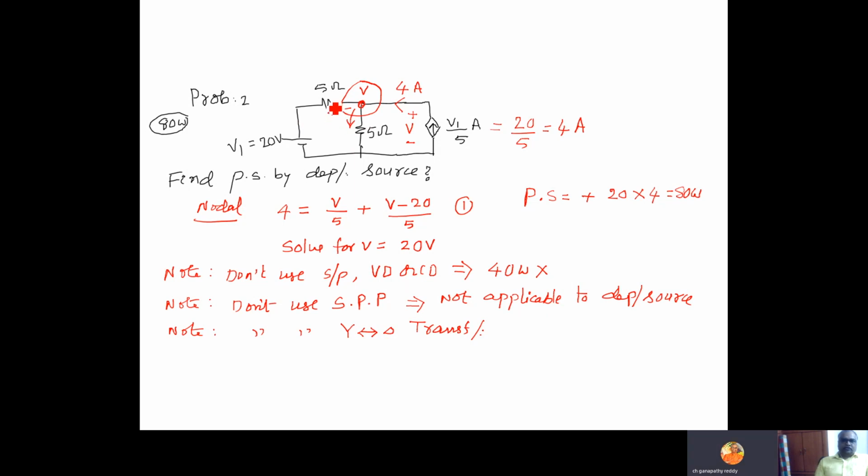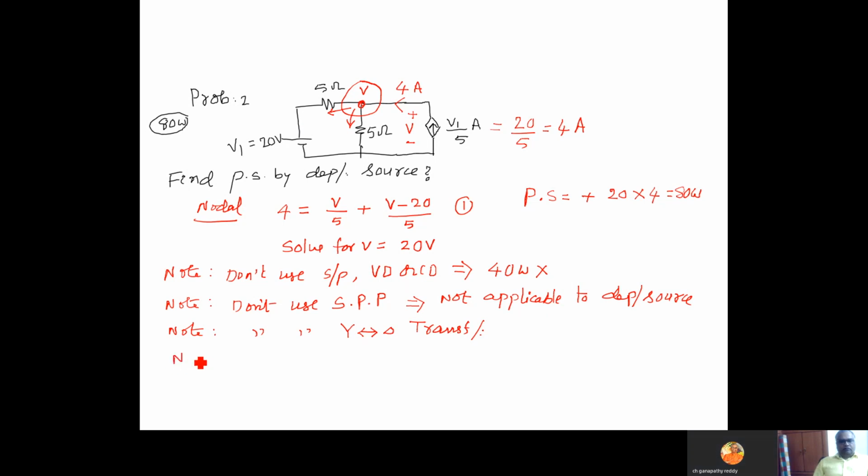Some students think that this and this are connected in delta, so they try to change into star. So why is star delta not applicable? It is not a resistor. Even if it is a resistor, there is no star, there is no delta, and these three will not form delta or star. Star to delta not allowed.